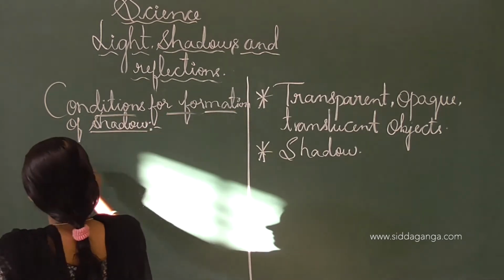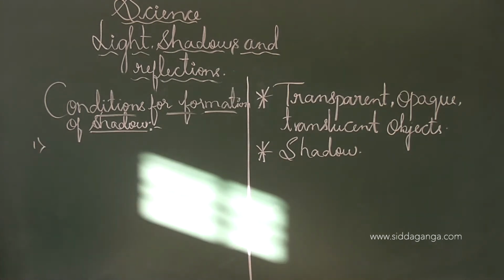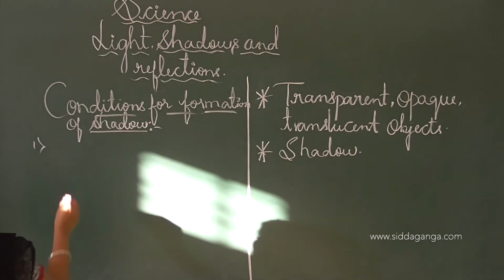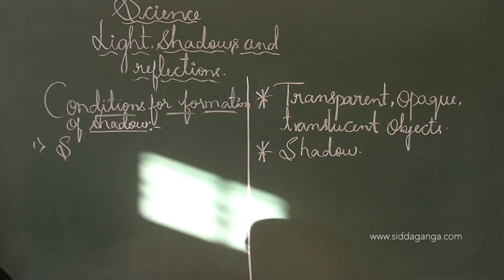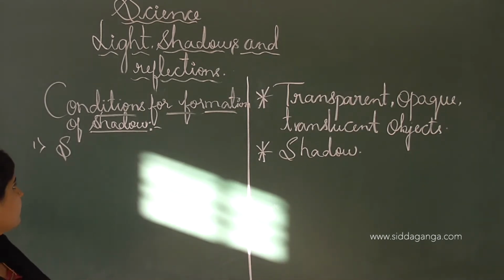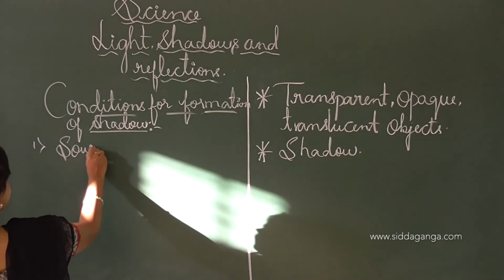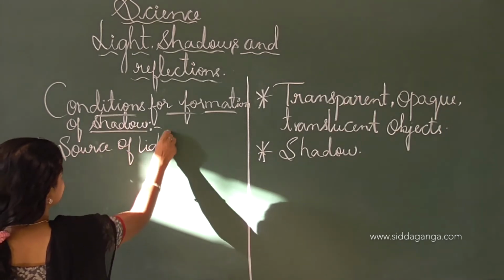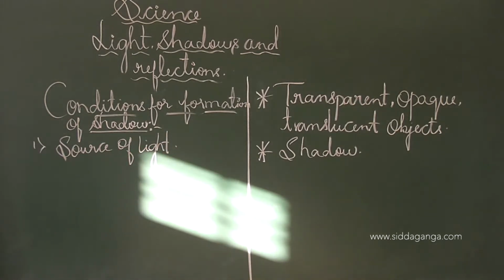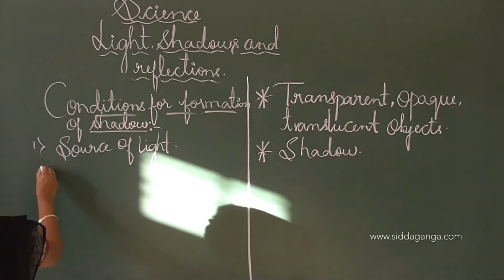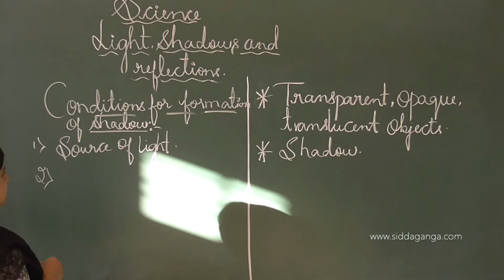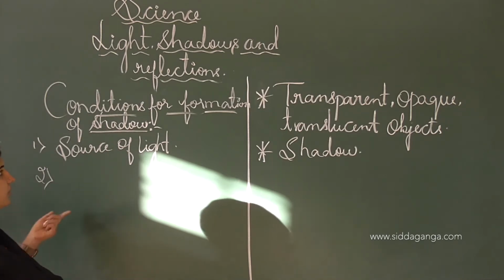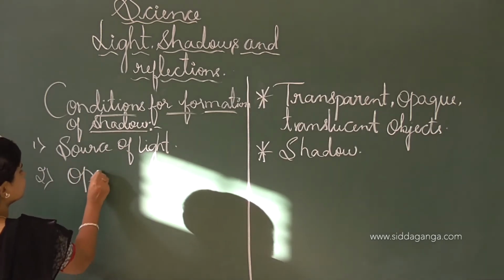The first condition is it must require a source of light. The source of light is very much required for the formation of the shadow. The second condition is it must have an opaque screen.